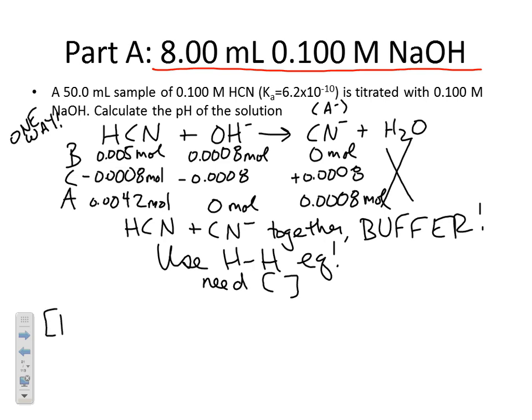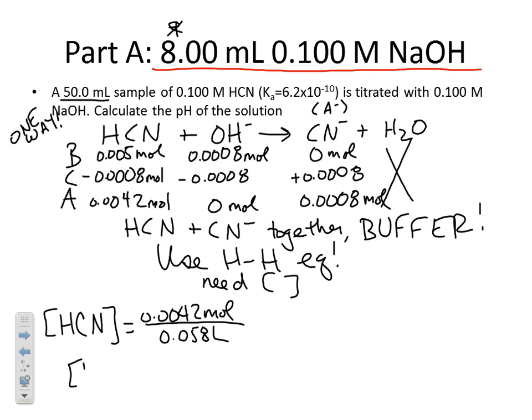The concentration of HCN is going to be 0.0042 moles over the total volume at this point, and the total volume is the original 50 milliliters plus the 8 milliliters that were added. So this is 0.058 liters, and I get a cyanic acid concentration of 0.0724 molar.